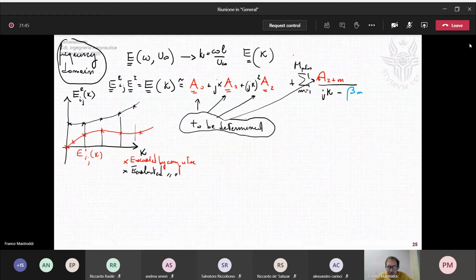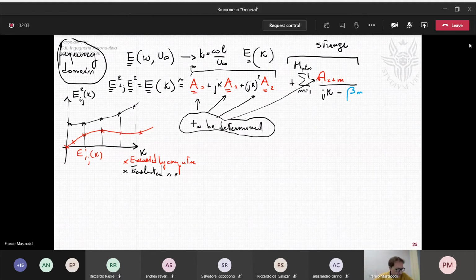This is the strange part, and this is the polynomial part. But remember, we don't know A0, A1, A2, and here we have A3, A4.